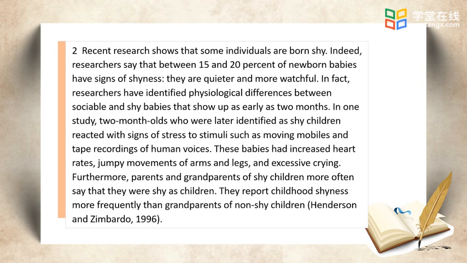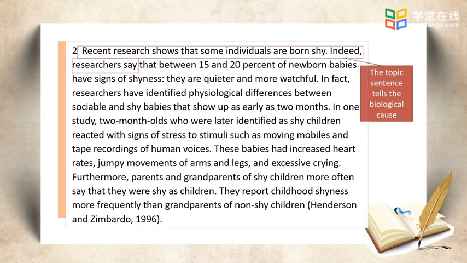The first body paragraph is paragraph 2. The author is rather reader-friendly by telling us the main idea of this paragraph in the topic sentence. Some are born shy, which is a biological cause. The rest of the paragraph supports the topic sentence with various research findings.